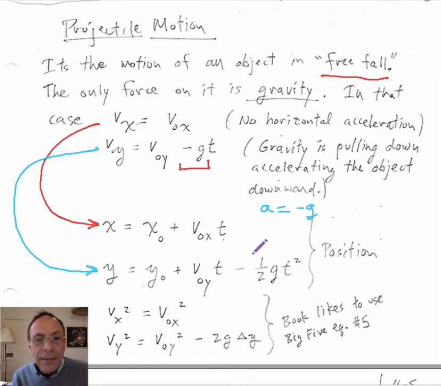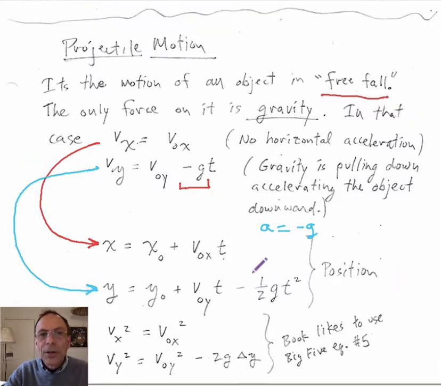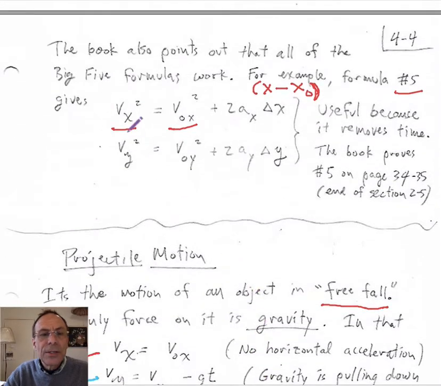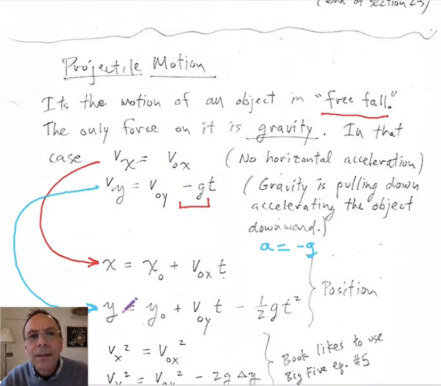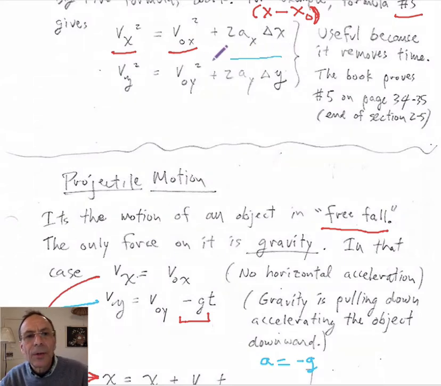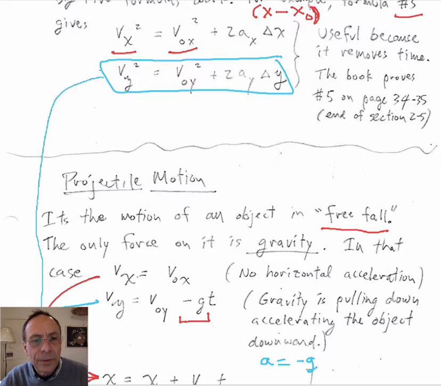And I mentioned to you that the book likes to use these formulas here. And so sure enough, here is what happens. In terms of the x component, it's pretty boring. It's just v sub x squared equals the beginning v sub x squared. I mean, there's no surprise there. But then over here they're using this formula, and it's getting used.